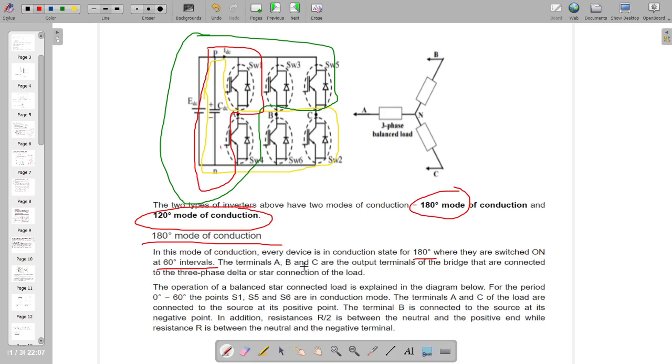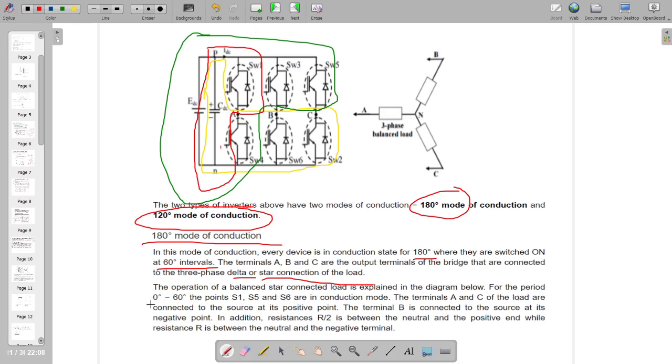The terminals A, B, C are the output terminals. Here we are connecting A, B, C to the load, which is either star or delta connected. The operation with a balanced star connected load is explained in the diagram below.